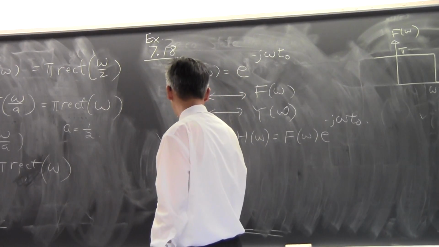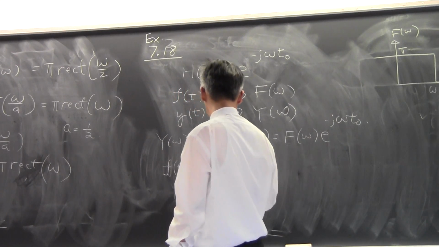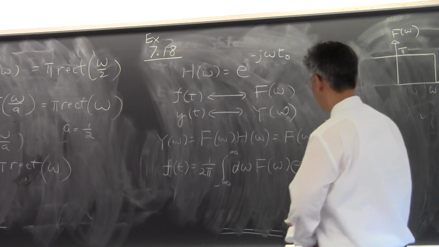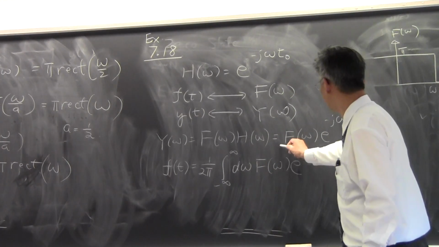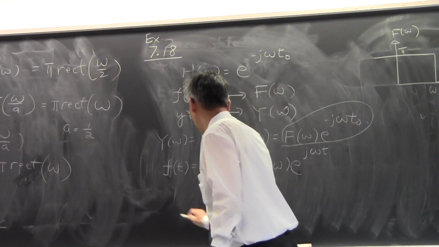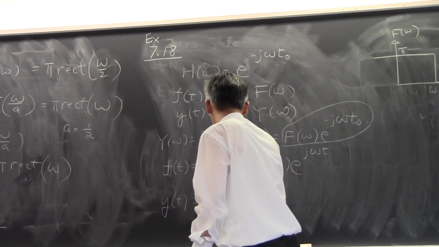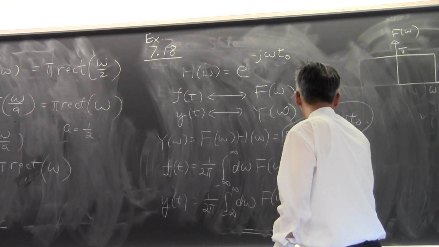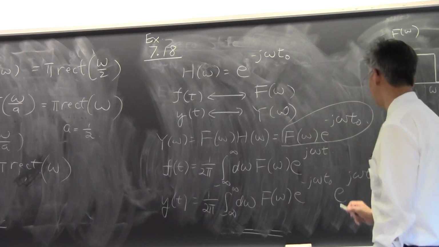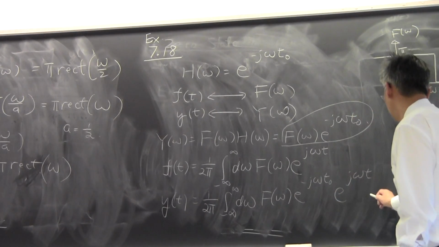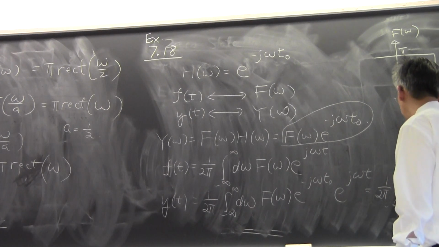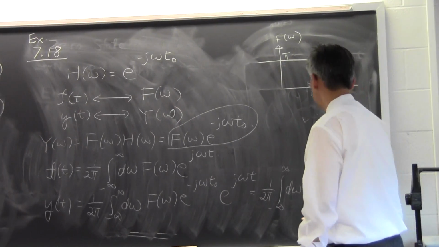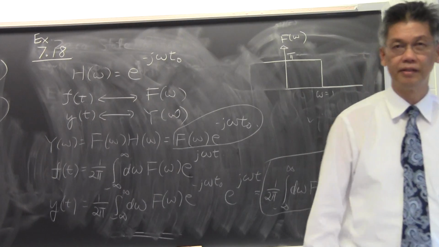If f of t is equal to 1 over 2 pi, integral from minus infinity to infinity d omega F of omega e to the j omega t, and I have a new function y of t, 1 over 2 pi integral from minus infinity to infinity of F of omega times e to the j omega t naught, then I can combine these two terms and see that this is just 1 over 2 pi integral d omega F of omega e to the j omega (t minus t naught). So what does this function represent?